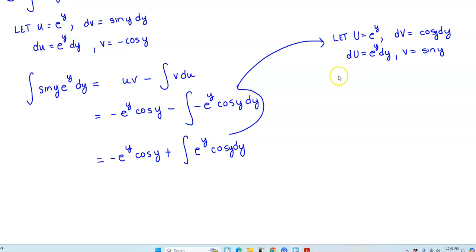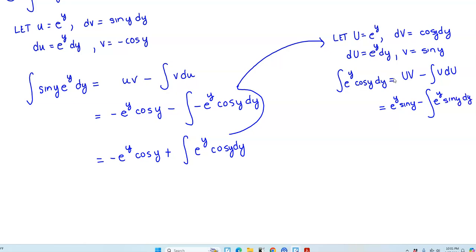And so then when we want to integrate by parts, it's going to be u times v minus the integral of v du. So we have e to the y times the sine of y minus the integral of v du, which is going to be e to the y times the sine of y dy.